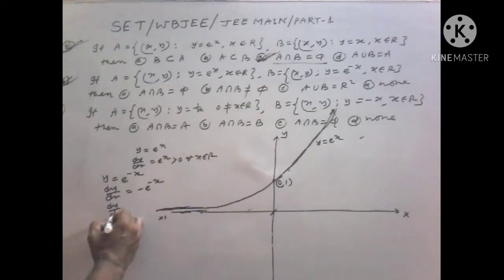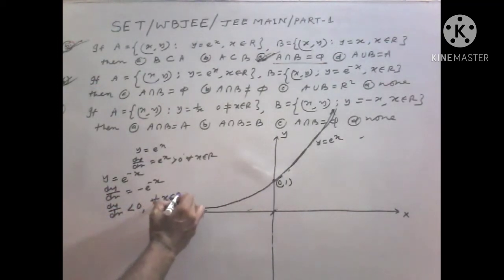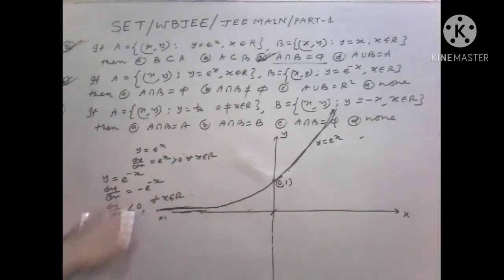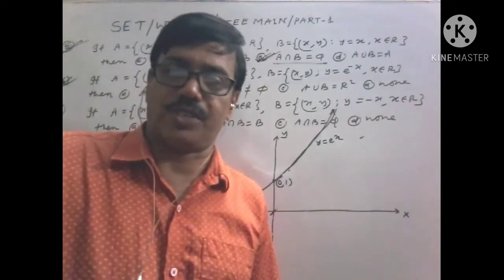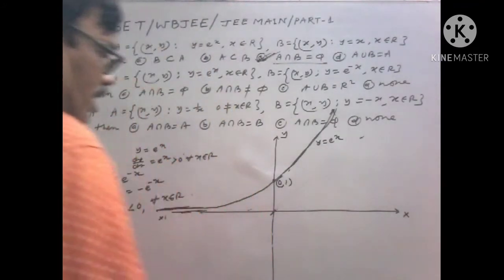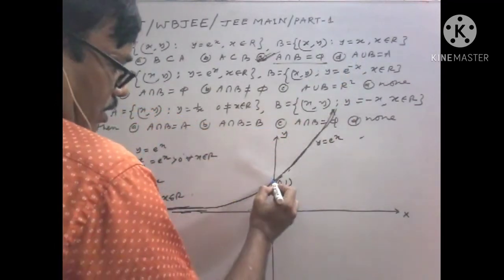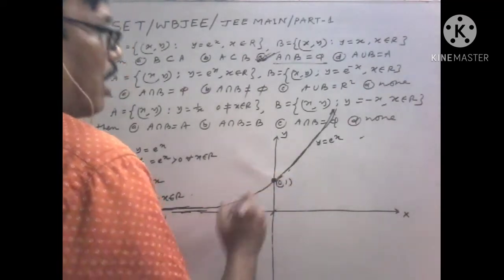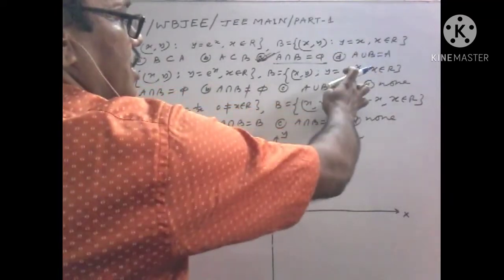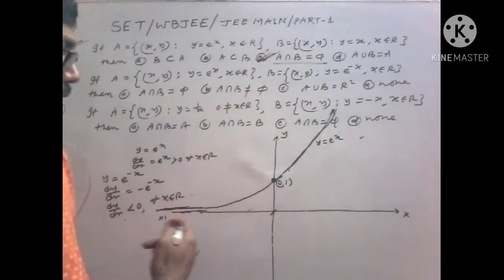So dy/dx is less than 0 for all x belonging to R due to the negative sign, because e to the power minus x is always positive. So it is a decreasing function. Now at x equals 0 it is 1. At x equals infinity it is e to the power minus infinity, that is 0.